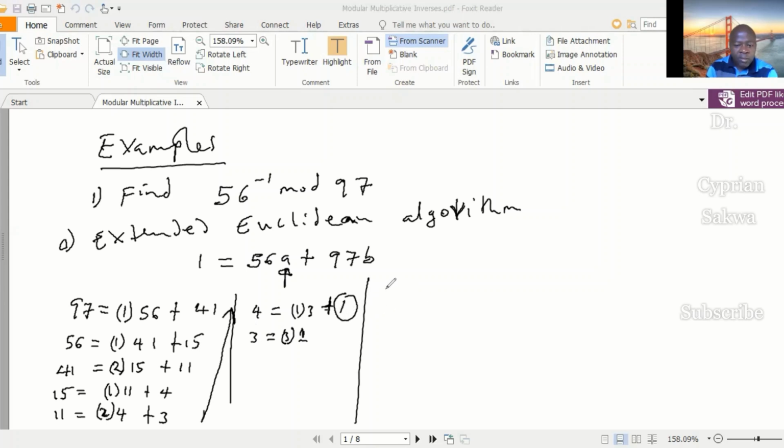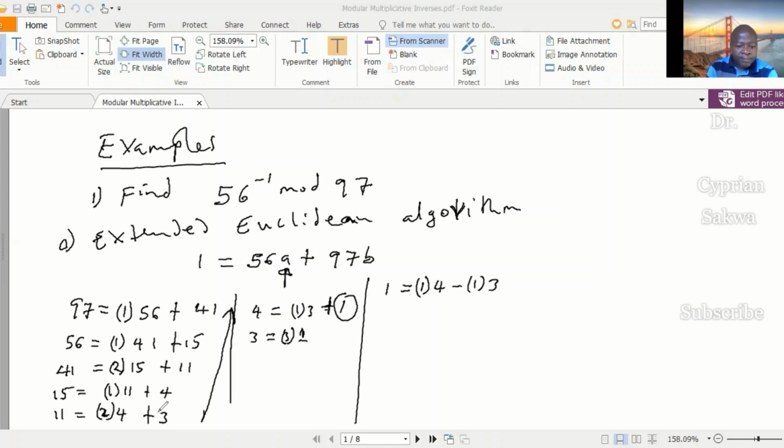So the first equation here means 1 is equal to 4 minus 1 multiplied by 3. Let me just put a 1 here because I can see the coefficient there is 1. So 1 equals 4 minus this. Now let's substitute 3.